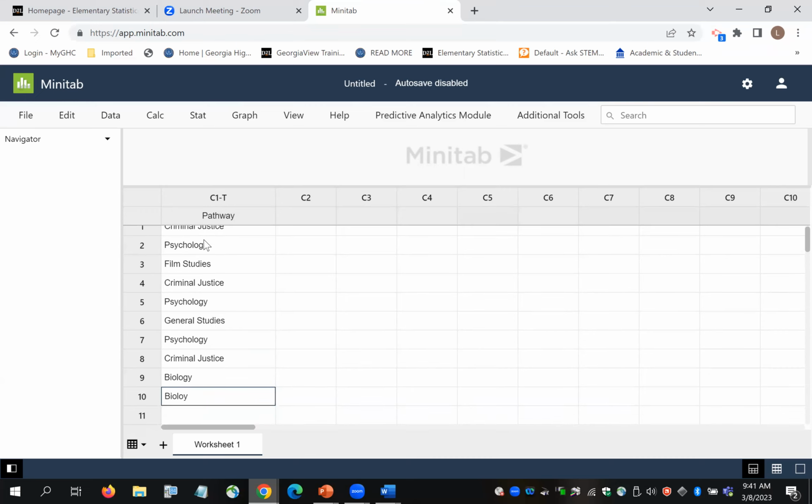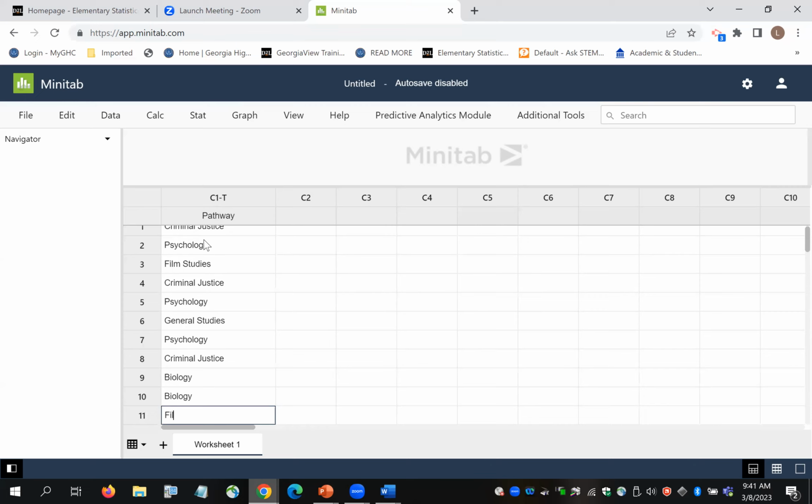whoops, misspelled it. I will tell you that Minitab is very case specific. So notice that I started typing and the first letter is capitalized. Criminal justice, which is 2 words, there's a space between. Minitab is very case specific.